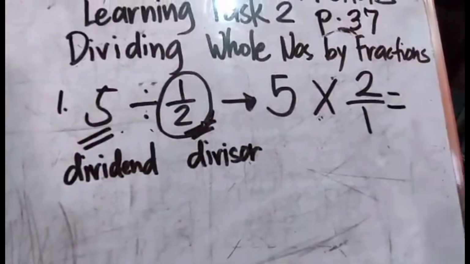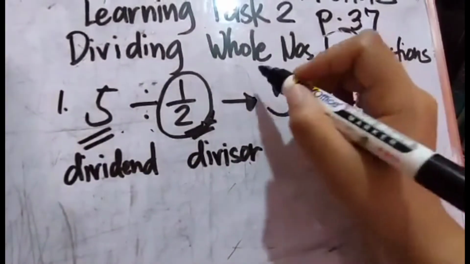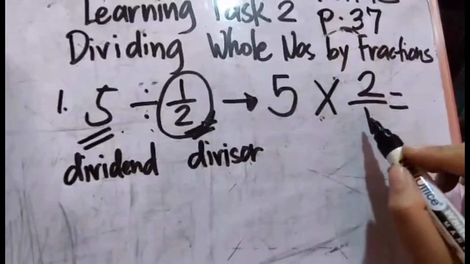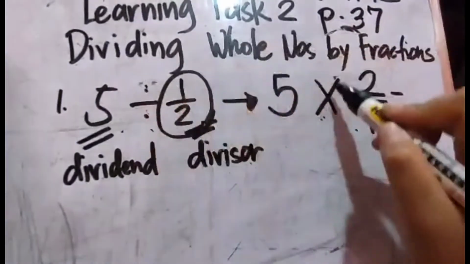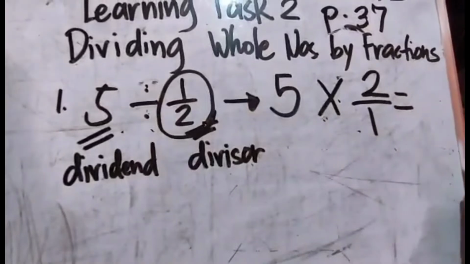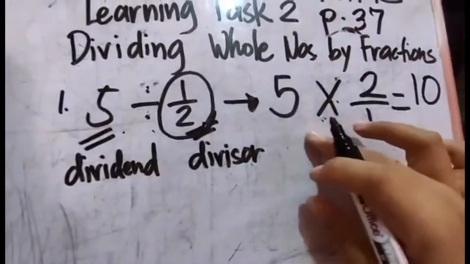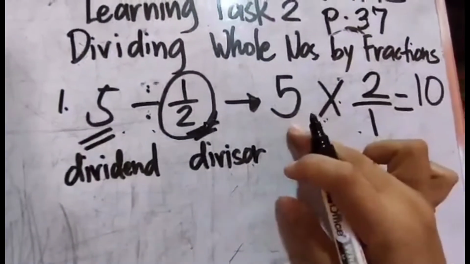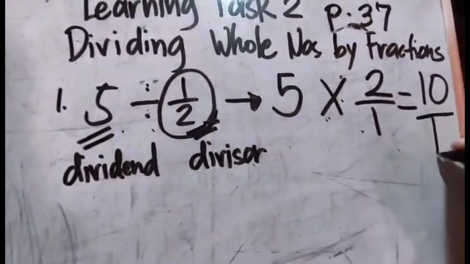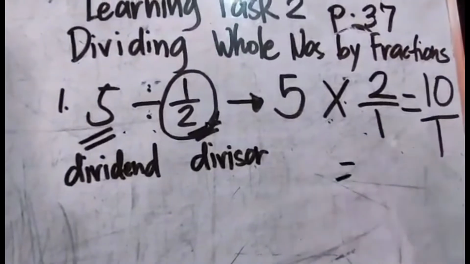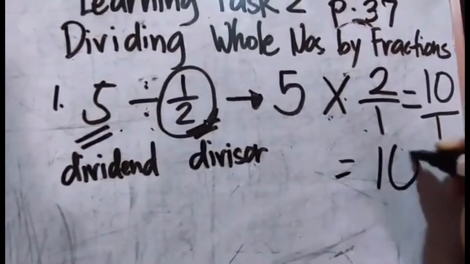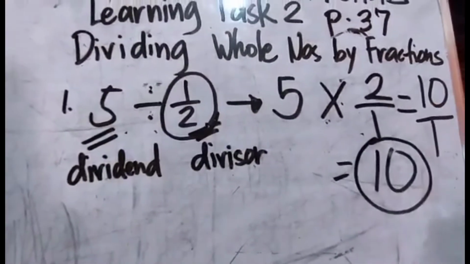Equals. Na-change na natin ang operation from division, naging multiplication, pwede na tayo mag-multiply. 5 times 2 is 10. Walang denominator yung 5, automatic yan ay 1. And then, wag nyo nang isusulat yung 1 sa final answer. So, the final answer for this number is 10.